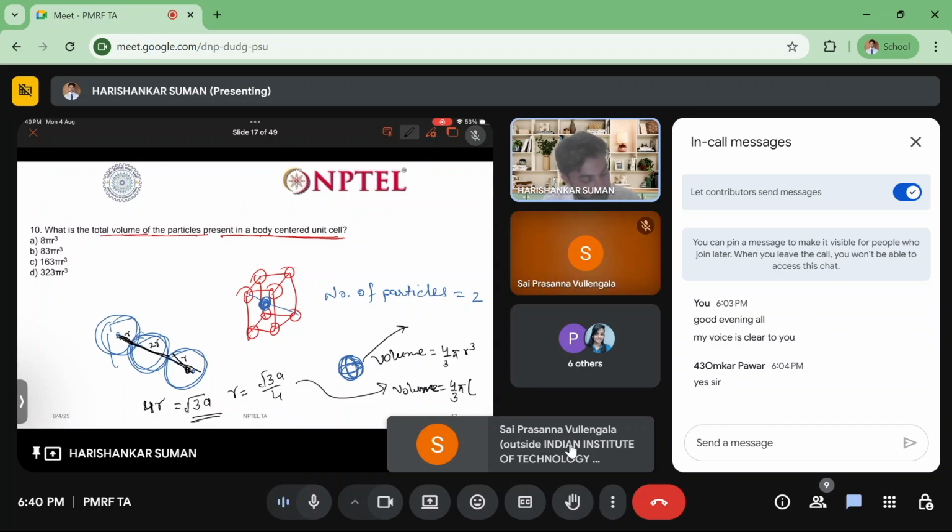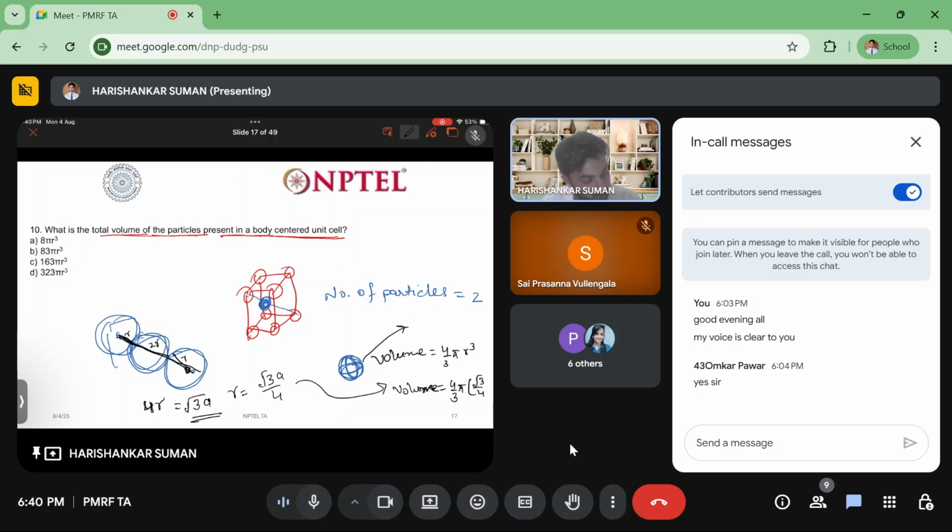We can replace r with root 3 by 4 a. This is only for one atom. Or you can put it in terms of r, where only r is there.